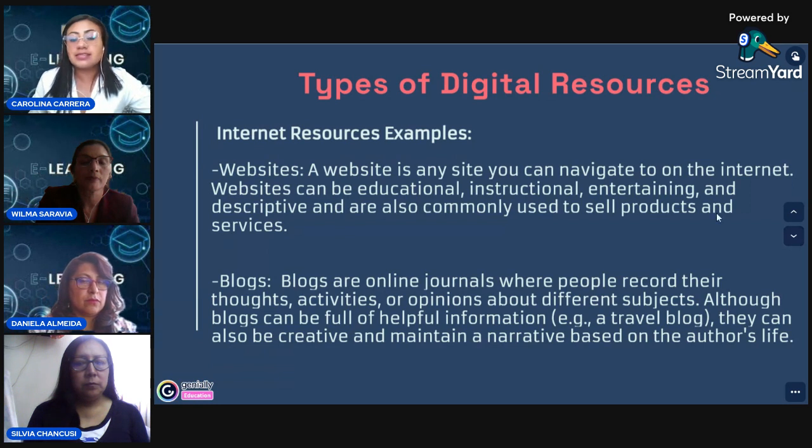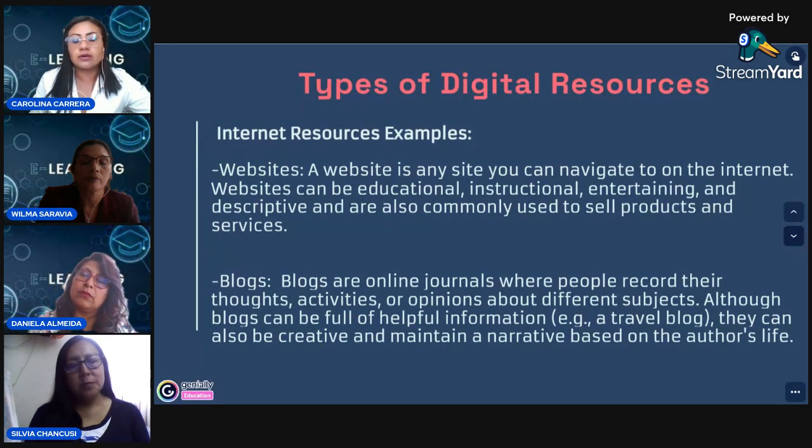A website is any site that you can navigate to on the internet. Websites can be educational, instructional, entertaining for our students, and descriptive, and are also commonly used to sell products and services. A website is a part of the internet that you can use and adapt for the needs of our students in our class.